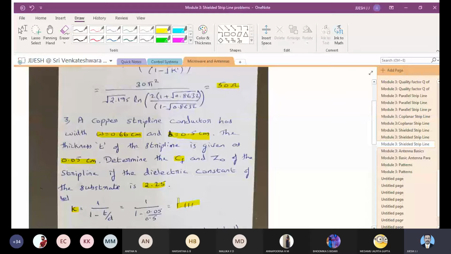So all of you will get K as 1.111. Yes, sir. Okay, then find out CF. Do the substitutions properly for CF.